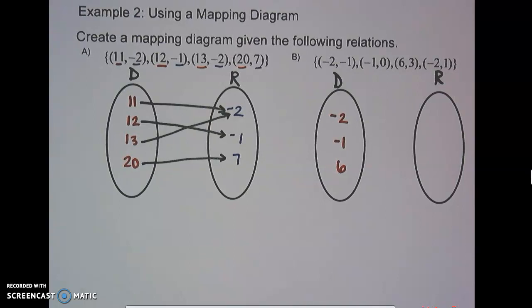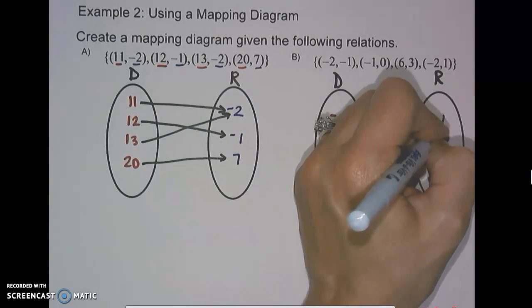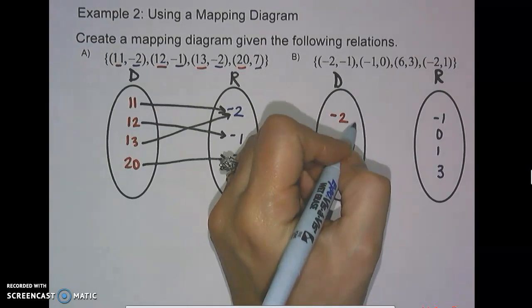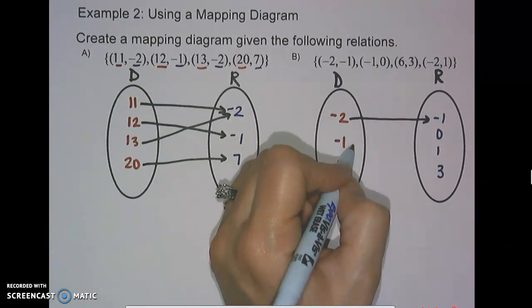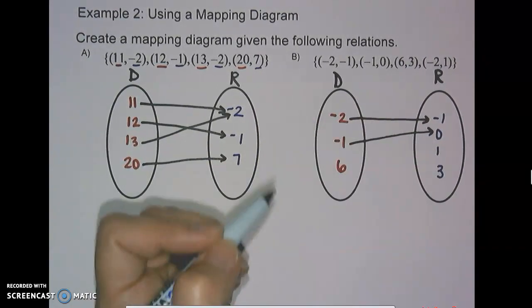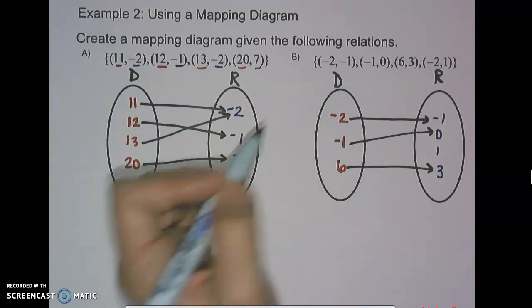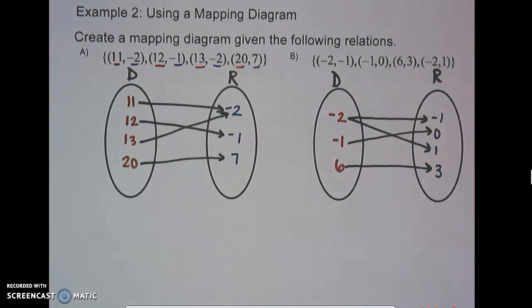Our range is going to be -1, 0, +1, and 3. So domain, left, range, y is on the right. Okay, so now we're going to map them. -2 maps to -1. -1 maps to 0. 6 maps to 3. And -2 maps to +1.